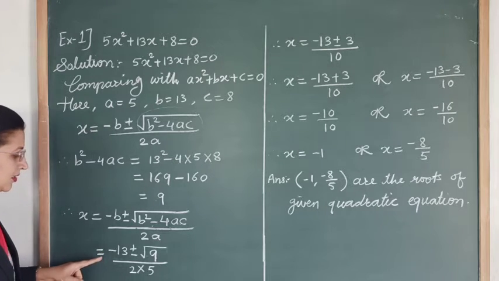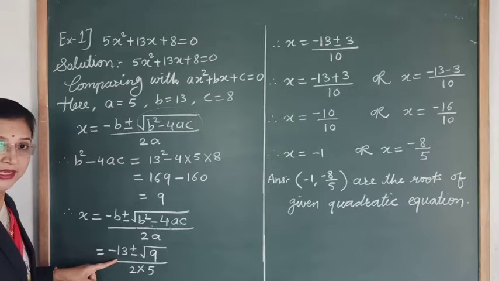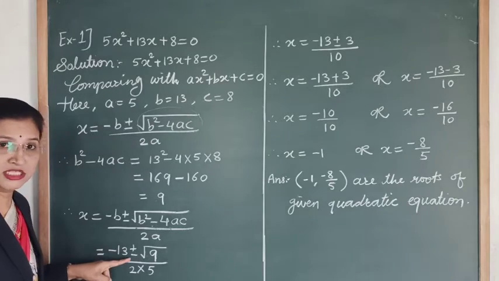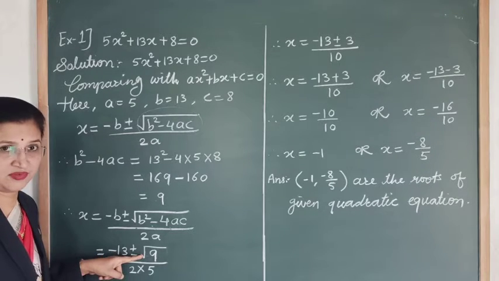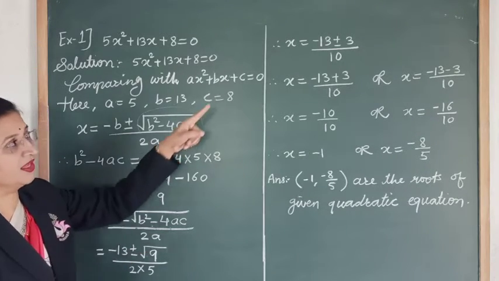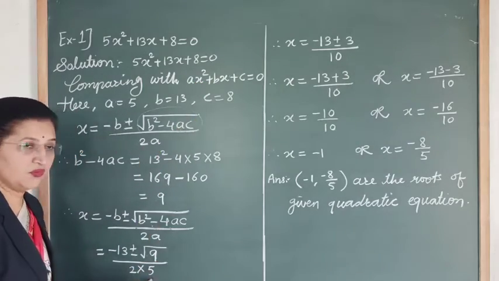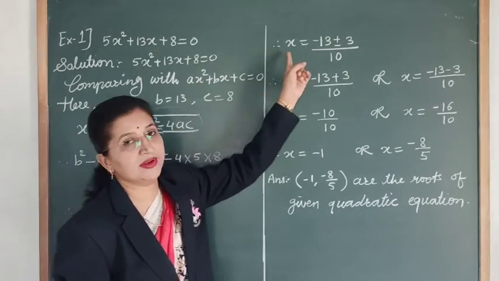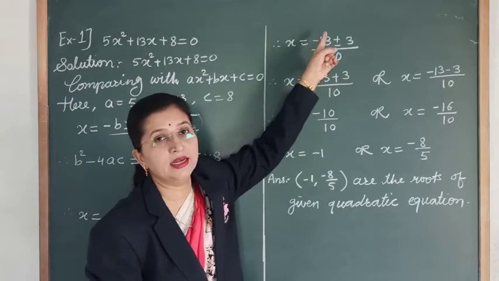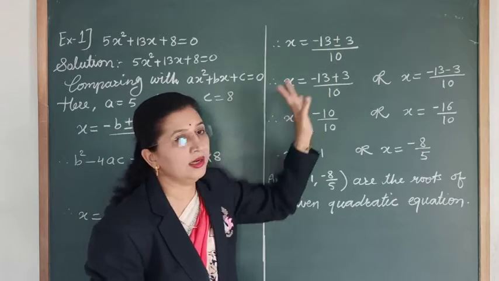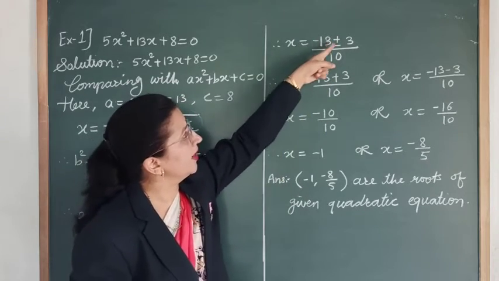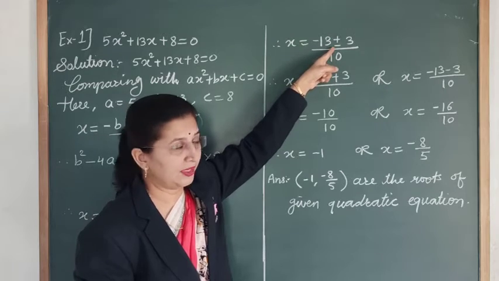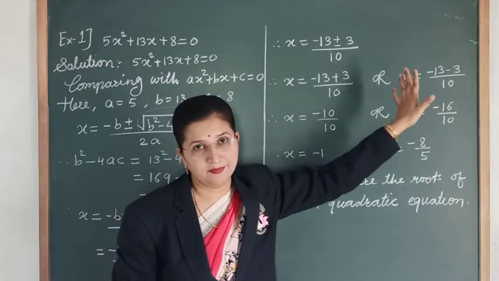Now let's solve this. So x is equal to negative 13 plus minus, 9 is a perfect square number, so its square root is 3, upon 2 fives are 10. In this way we got x is equal to negative 13 plus minus 3 upon 10. Now here plus minus are together, so let's separate them: one time plus, one time minus.